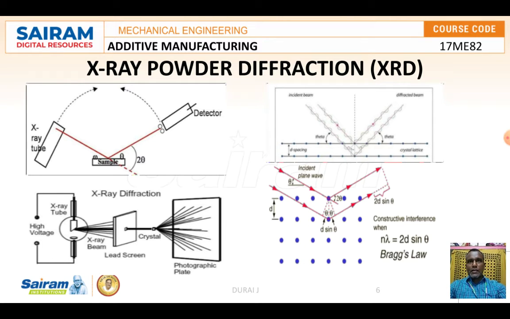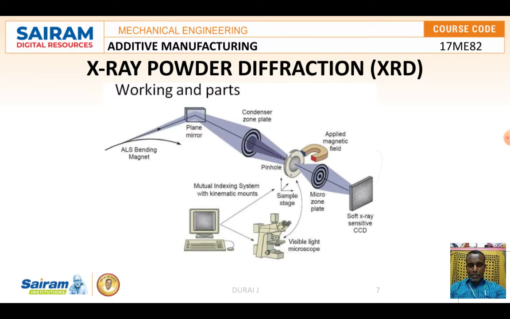That is the X-ray tube, the incident beam, and the sample, with the sample holder here. Then there are the receiving side optics, and finally the detector. These are all the main components.